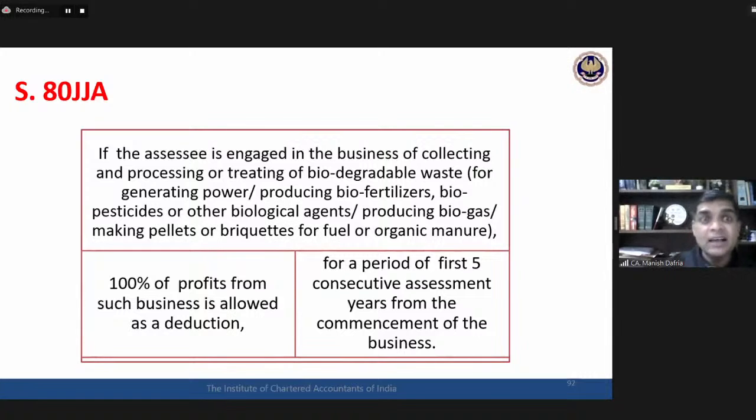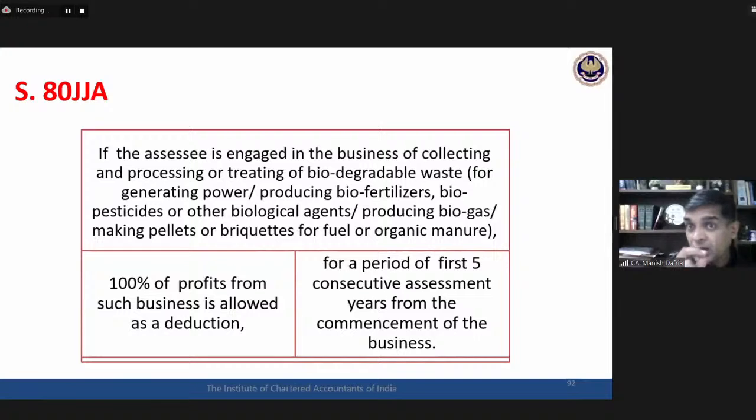Second is the nature of activity. Let's see it more carefully. What exactly is the activity which will give you a deduction under this particular section? Now see very carefully what terminology the law is using. They are talking about collecting and processing or treating.